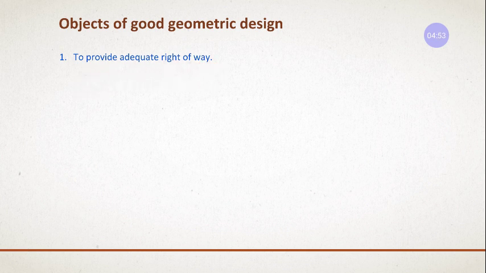What is right of way? It is an area acquired by the government or the private agencies who are going to construct the roads. The whole width might not be used; some is used, and the remaining part can be used for the upgradation or expansion of the roads in the future, right?